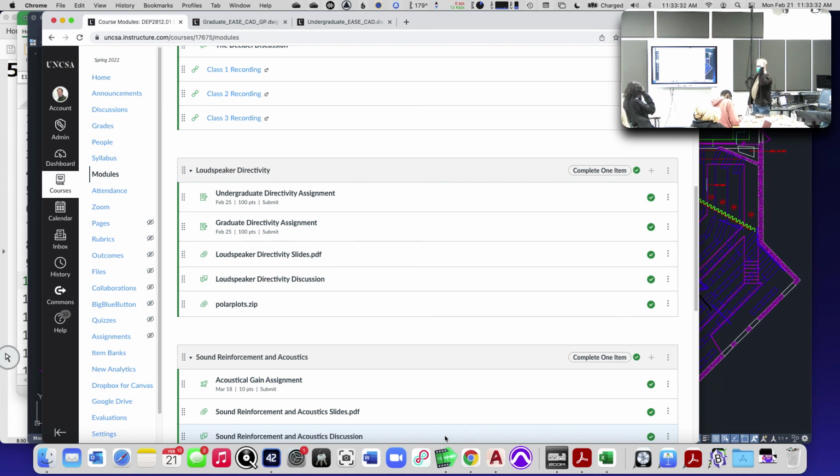Put it wherever you want. Any place. Do the polar plots not come in the manuals of the loudspeaker? Usually they do. These are ones that I found that I like, that are interesting. If you want to go find your own, that's fine. Because if the loudspeaker that we choose, the frequencies will be different on those polar plots. Yeah.